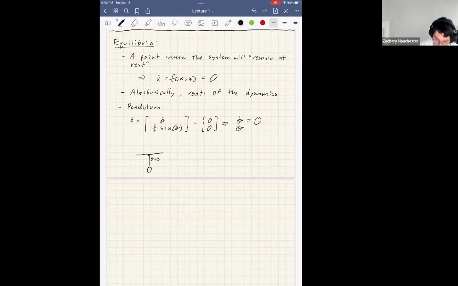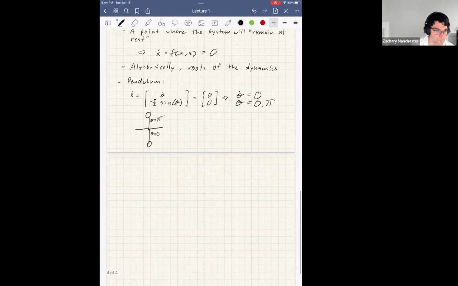Sine of 0 is 0, right? And there's one more. Where else does sine theta equal 0? That would be straight up, pi. So we got 0 and pi. So there's 2 equilibria here.